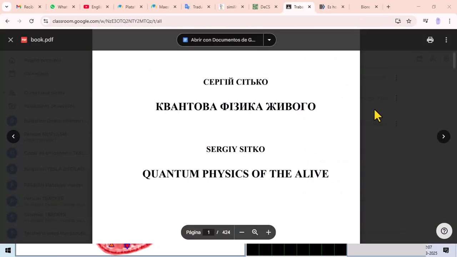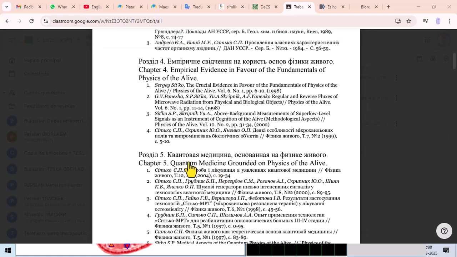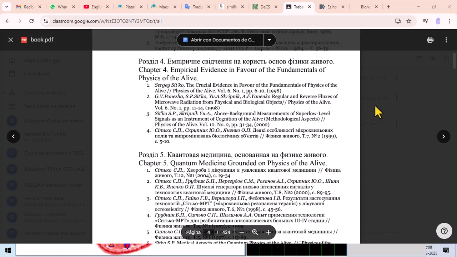I want to highlight a beautiful book written by this Russian scientist, Sitko, who proposes the quantum physics of life, or rather quantum physics of the living, and in chapter 5 of this book he clearly mentions that he talks about quantum medicine. In relation to the use of millimeter waves in acupuncture points, and this is what I teach in my training platform in the millimeter wave course, which I have in English, Spanish and in several languages.